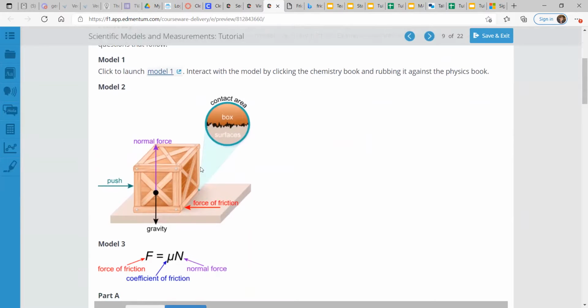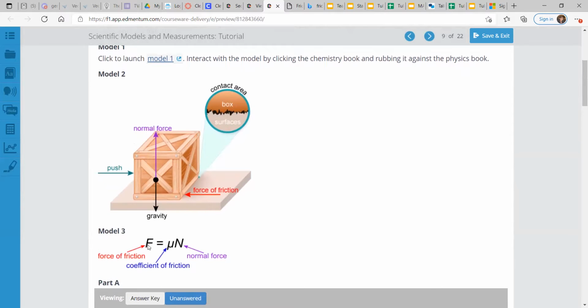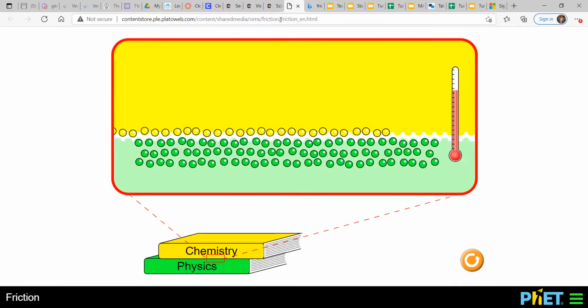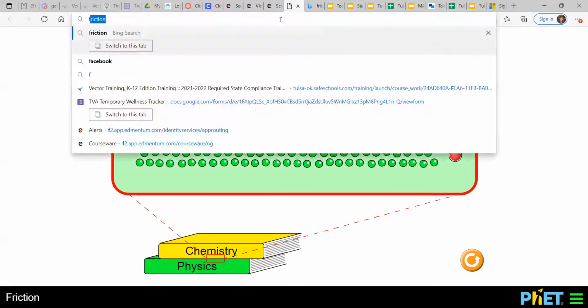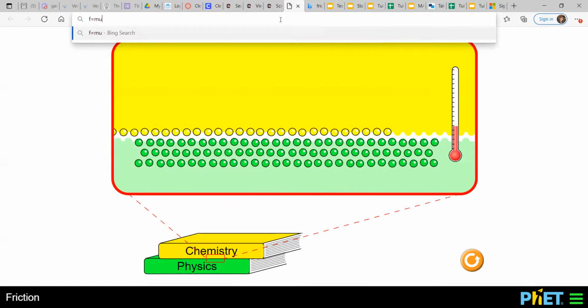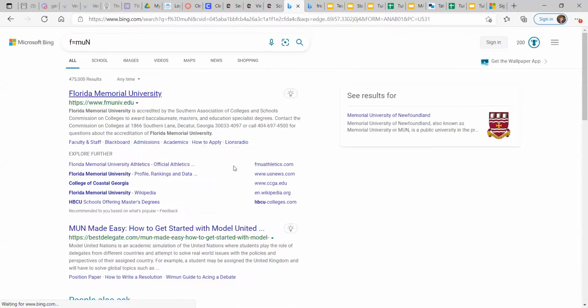Model 2 kind of shows the same thing in a different way. Here's a box. Here's the ground. And to calculate the force of friction, we will use F equals, this letter is called mu.